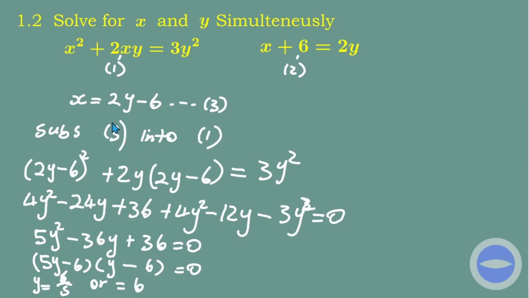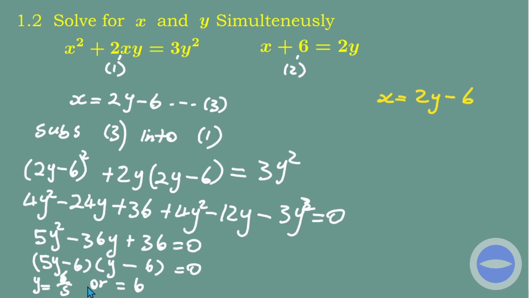And now I have to substitute these values into equation 3 to find the values of x. I will change color here to solve for x. Equation number 3 says x equals 2y minus 6.